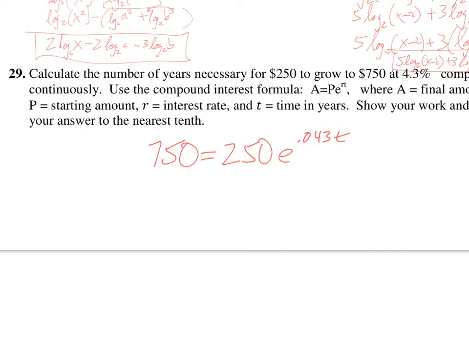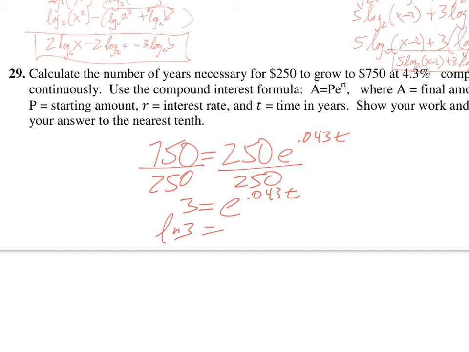All right, last problem. We're going to substitute here: A is the amount we want, P is what we start with, r is the rate as a decimal, 0.043, and t is time. We want to solve it for time, so we're going to divide by 250, and we get 3 equals e to the 0.043t. Now we're going to change this to natural log form, so that's natural log of 3.